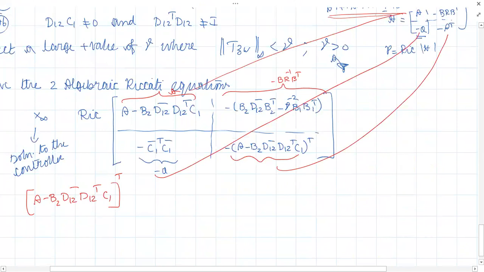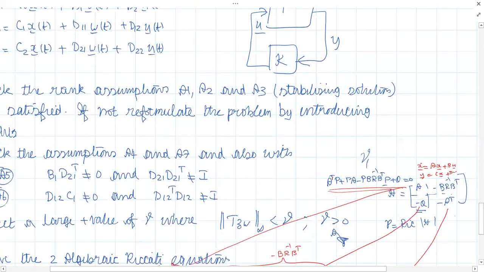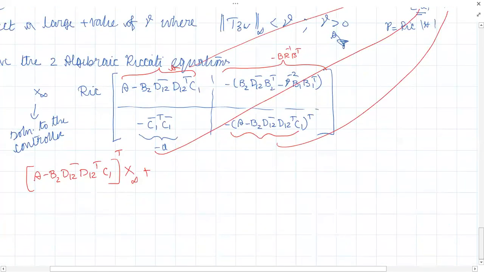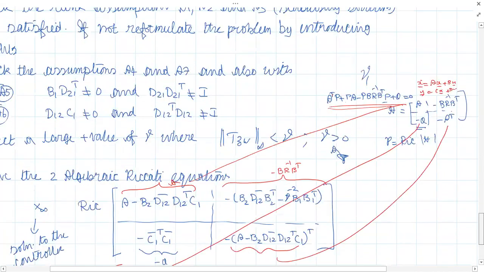What was P here? P was the solution of that thing, so here the solution is X infinity. A transpose P plus P into A: instead of P, we have X infinity, and instead of A, we have A minus B2 D12 bar D12 transpose C1.